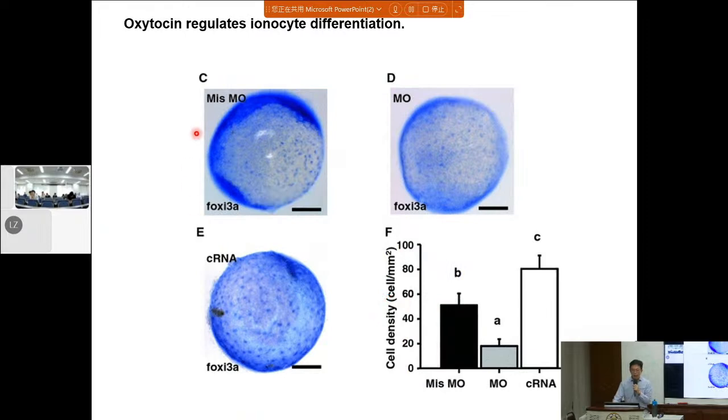We inject the morpholino to knock down the oxytocin, and we inject the cRNA to overexpress the oxytocin gene. We found that after we inject the morpholino to knock down the oxytocin gene, the density of the FOXI3A-positive cells, that means the ionocyte progenitor cells, decreases, but increases after RNA injection.